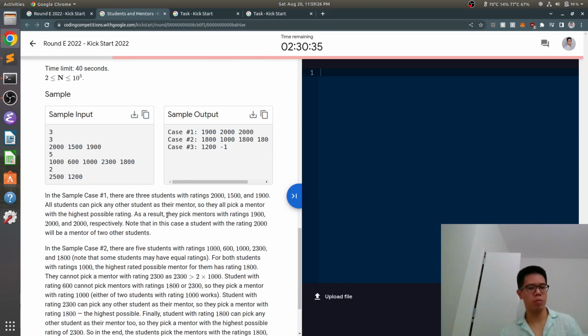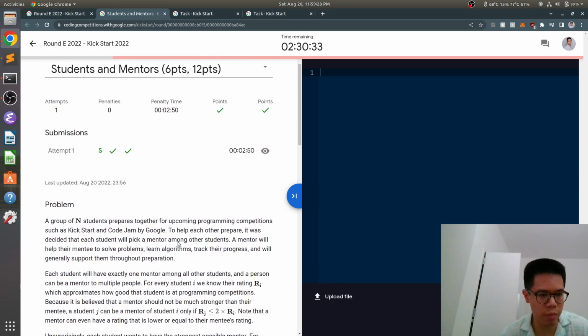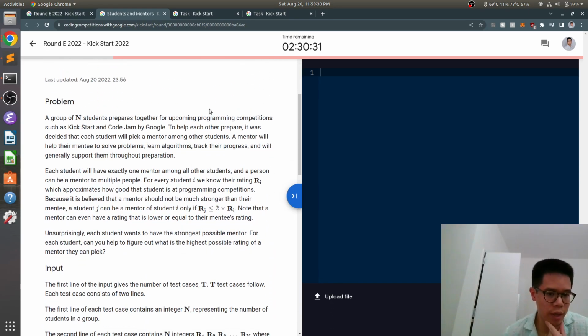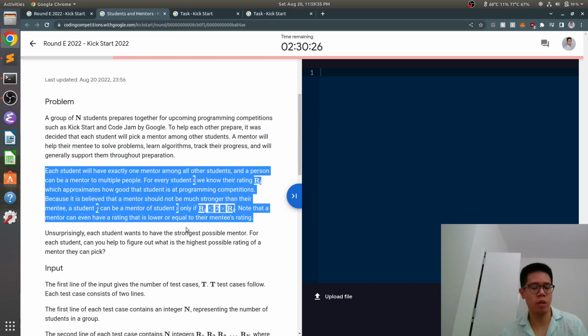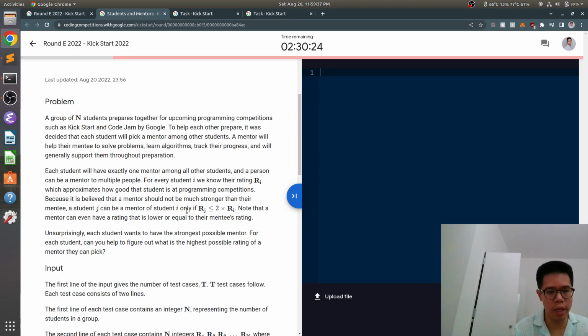Problem B. So problem B, there's n students, and each one is looking for a mentor. The mentor needs to be one of the other students. And for each student, we know their rating, which tells you how good that student is.